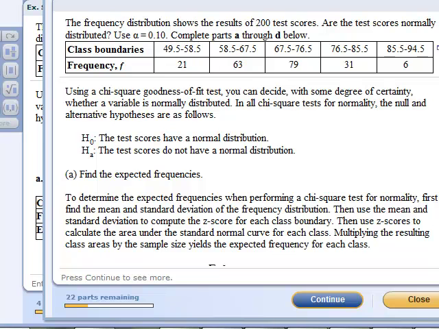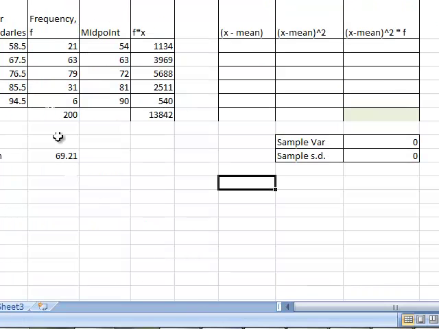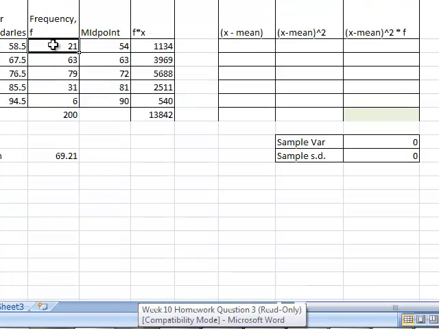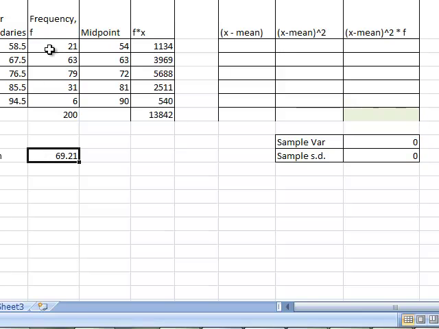But what's good for us is in Excel, if you change the values, then it'll change everything that's dependent on it. So when this number was a 20 and that number was a 64 or whatever it was, and some of the other numbers changed, we got a different value here.